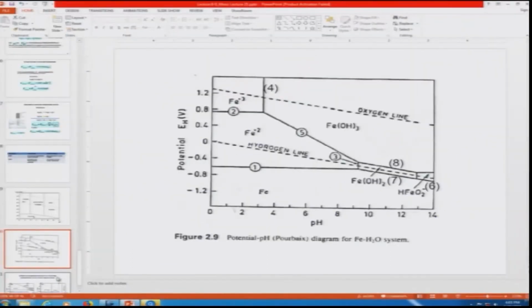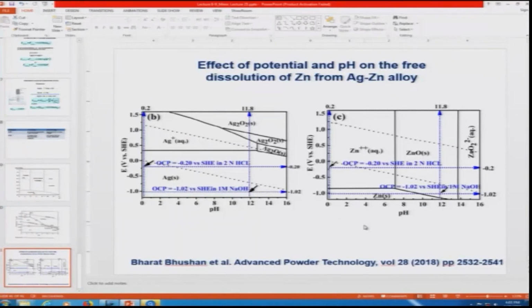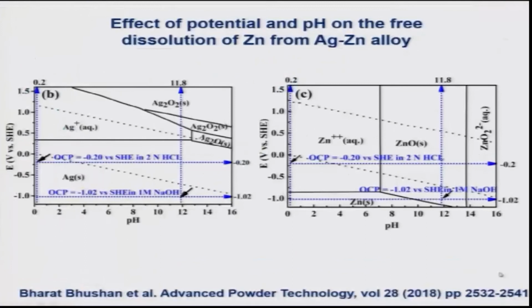If I try to see this diagram, this is a Pourbaix diagram for aluminium, and this diagram is for the silver and zinc system. Separately they are drawn, and if I try to see the two potential values and pH values, this is one point and this is another point.